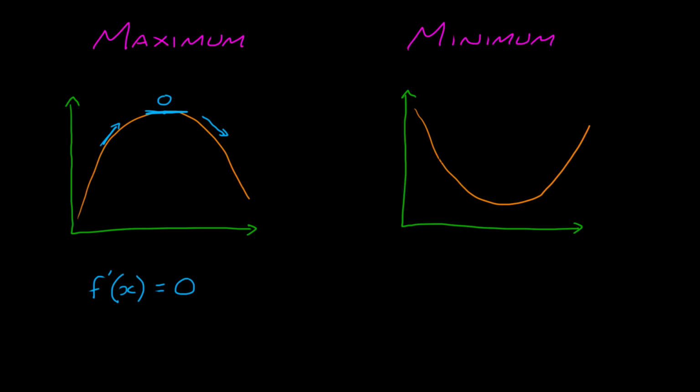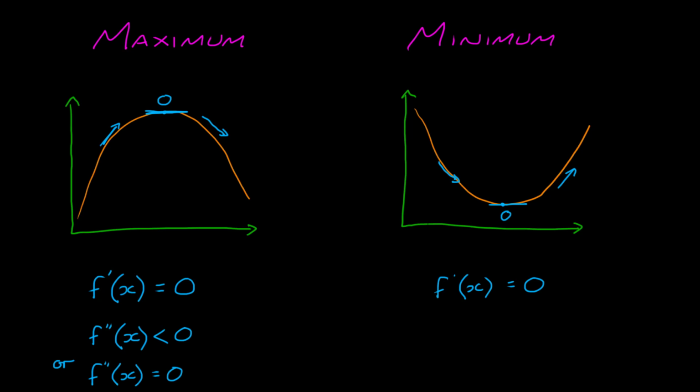For a minimum it's the opposite. The slope is initially down, after that point it's up, and at the minimum point, the slope is momentarily 0. When we take a look at what's actually happening to the slope there, in the case of a maximum going from positive through 0 to negative, the second derivative of the function will either be less than 0 or equal to 0.